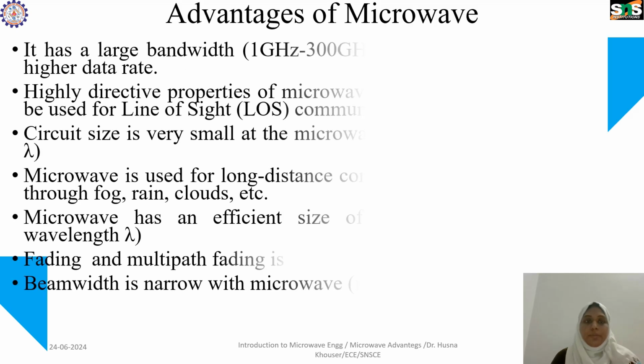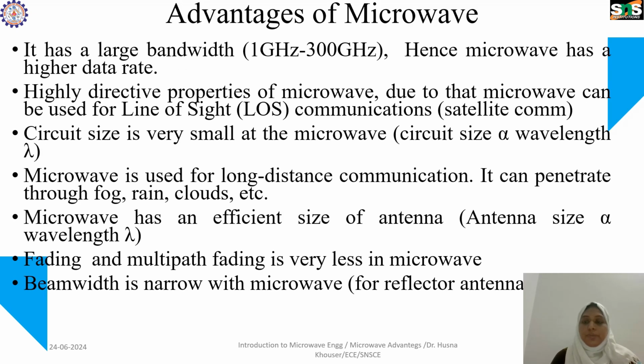Advantages of microwave. Microwave has a large bandwidth. We have already discussed the applications of different bands. The microwave application frequency band is from 1 gigahertz to 300 gigahertz. We have already seen how it is classified into different bands for different applications.